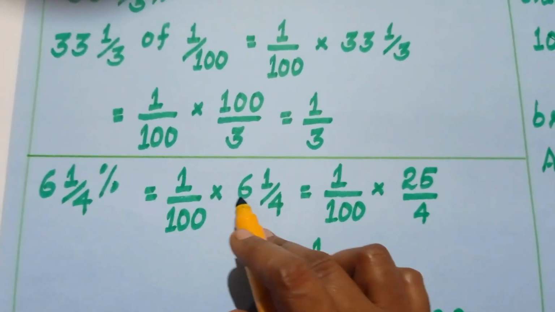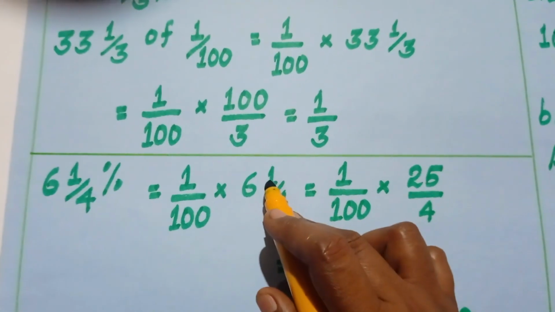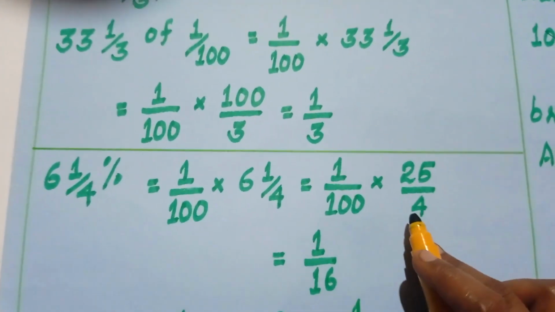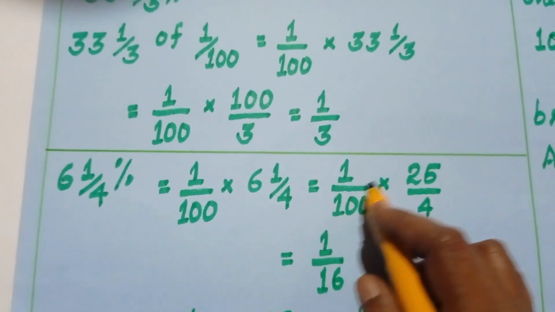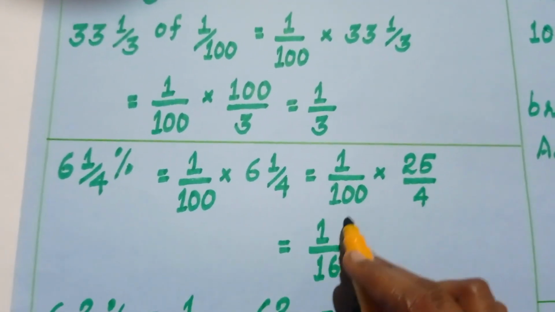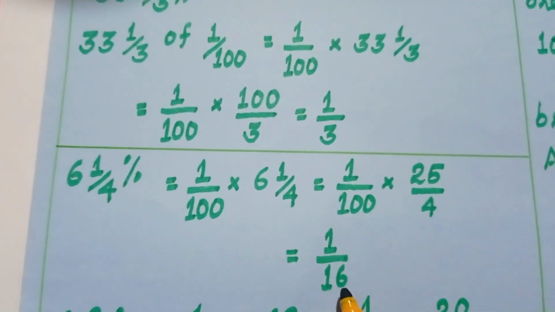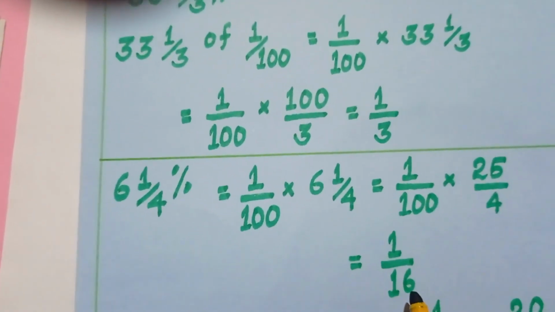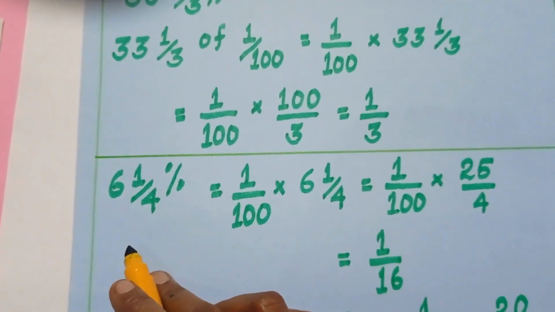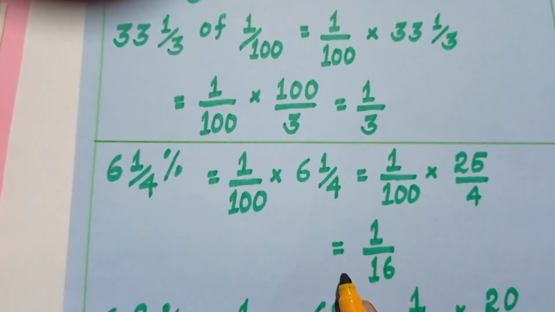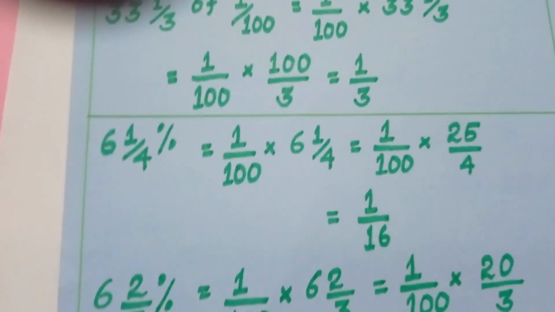That is 6 into 4, 24, 24 plus 1, 25, so 25 by 4. Then divide 100 by 25, we get 4. 4 into 4, 16. Then 1 by 16. That is, 6 and 1 by 4% of something means 1 by 16 of that.